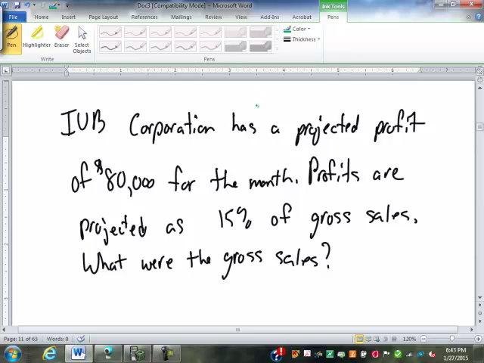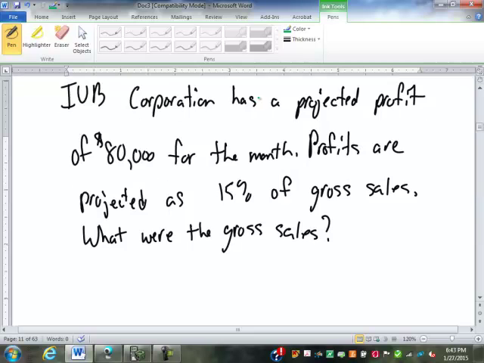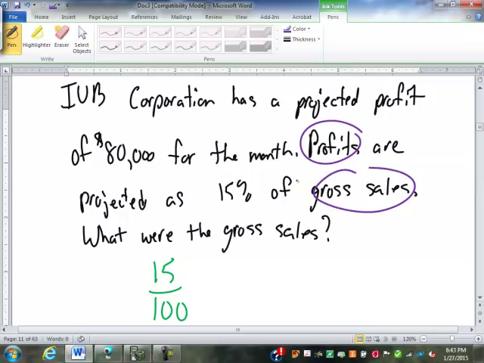Okay, so just like any of the other problems, when we run into a word problem, we start out with the percent. So we have 15%, which is 15 over 100. What does the 15% represent? Well, there's 2 items in here. There are profits and there are gross sales. Does the 15% represent the gross sales or the profits?